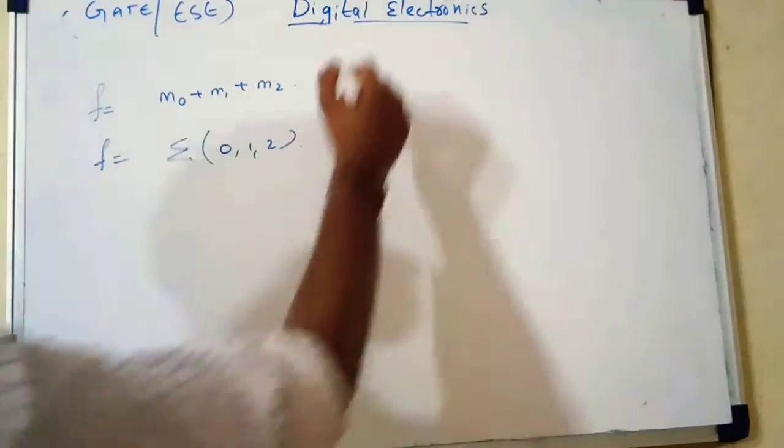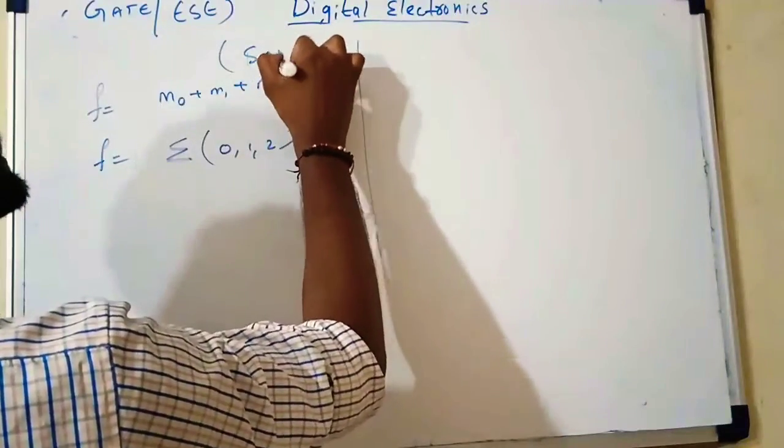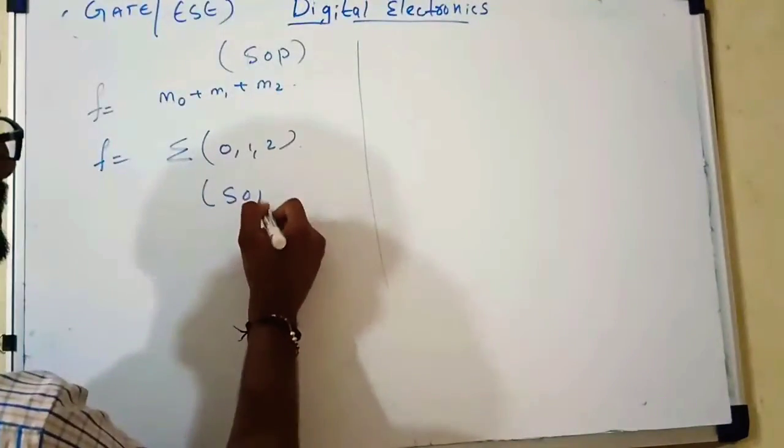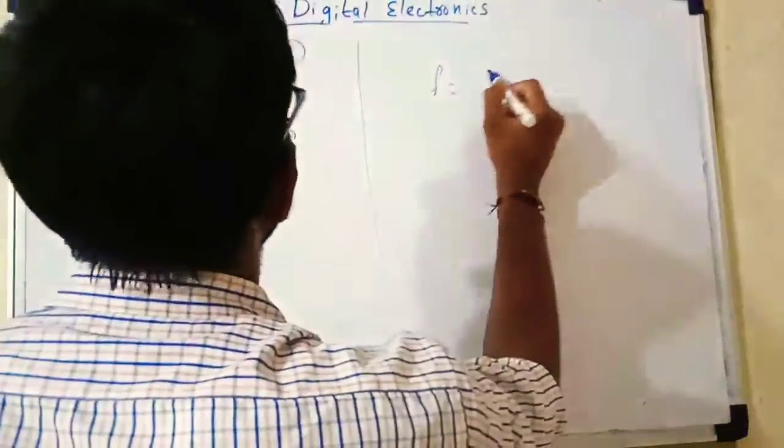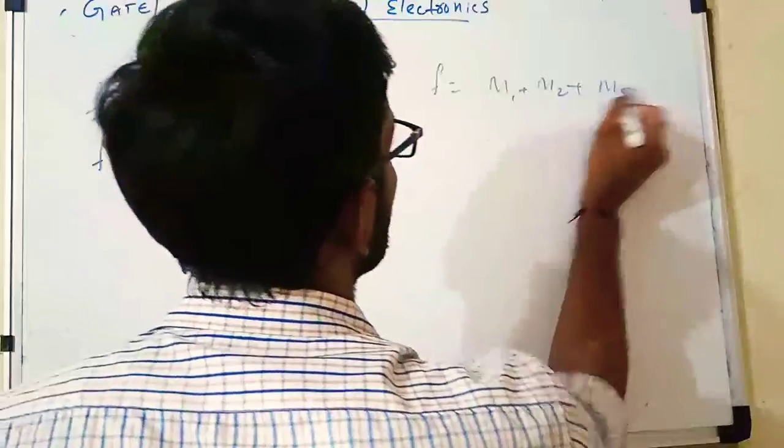Here this f can also be written as sum of 0, 1, 2. In this way also we can write. This is for SOP, sum of products. And for max term, this is M1 plus M2 plus M5.